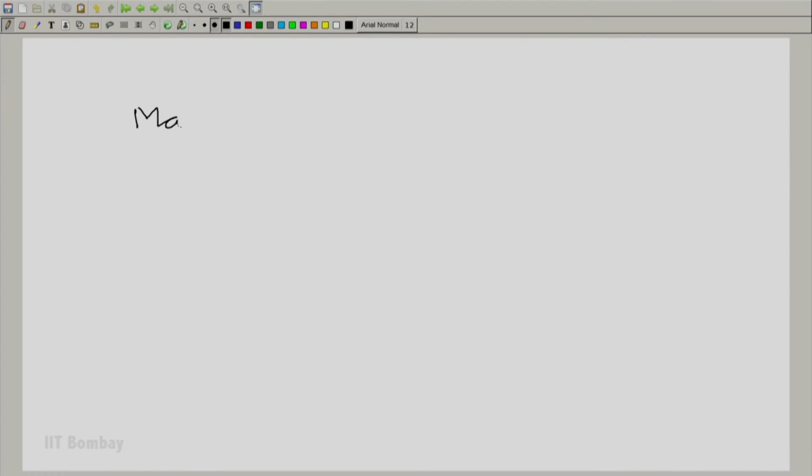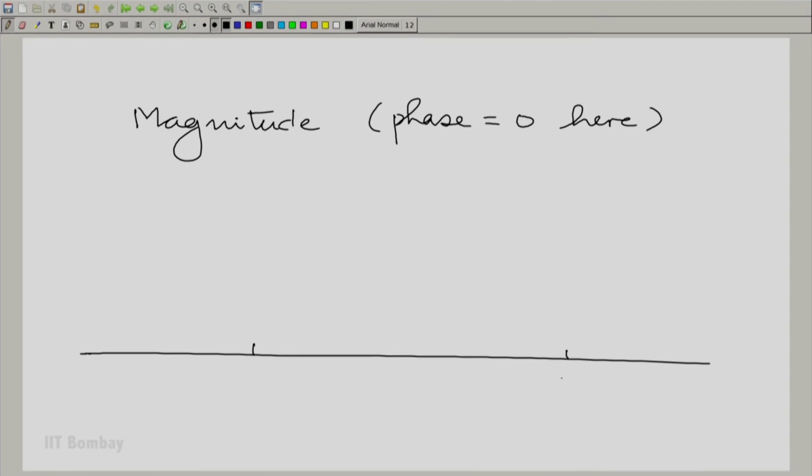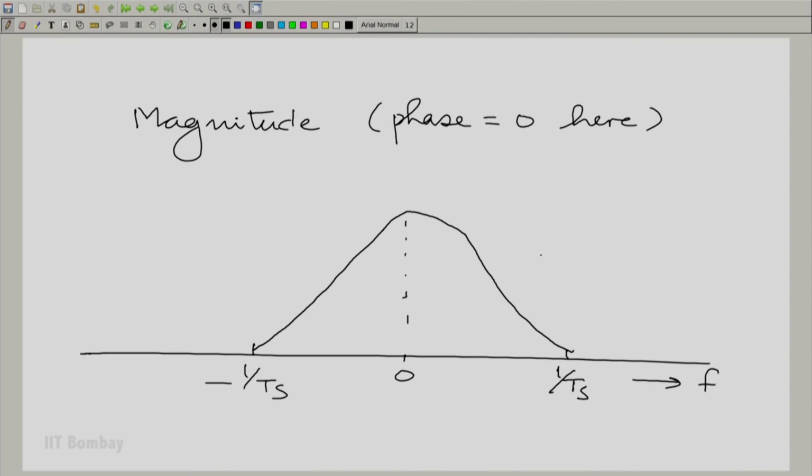Let us draw the magnitude. In fact, we do not really need to worry about magnitude and phase here, because anyway the phase is 0. It is essentially just the square. So, on the cycles per second frequency axis, you have essentially the square of a sinc function. Now, the sinc function starts with 1 and then it goes down, is not it? What is important is that the fall off is going to be faster.